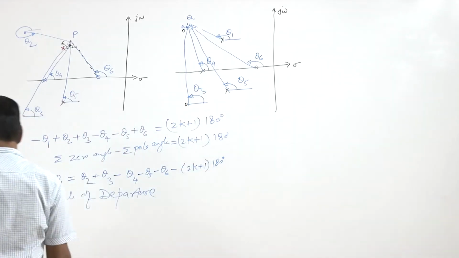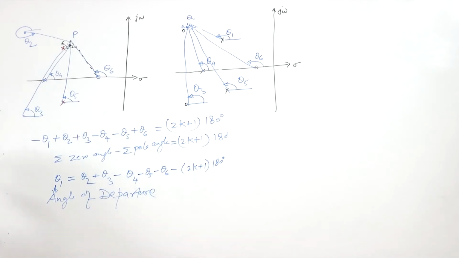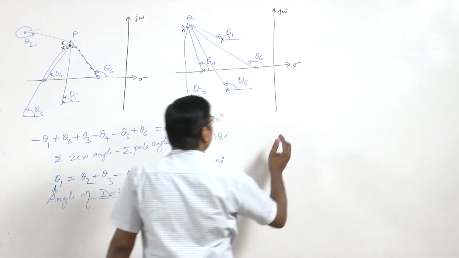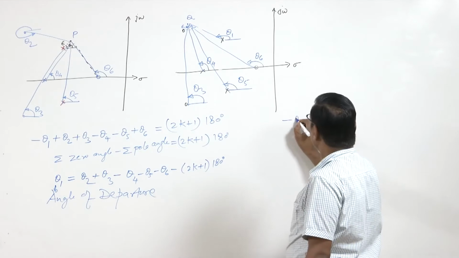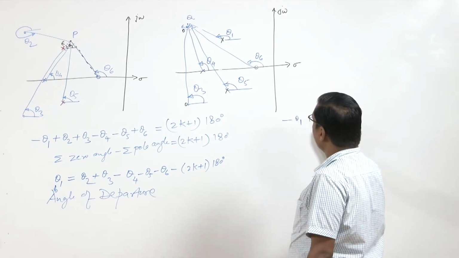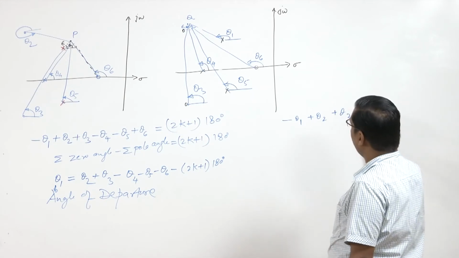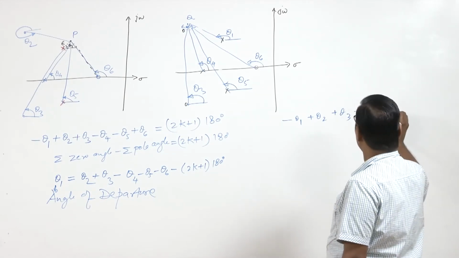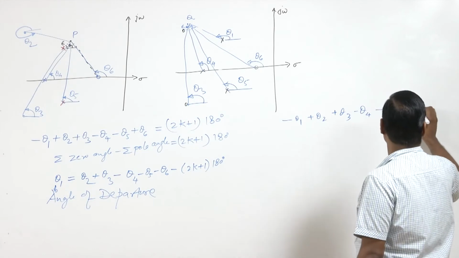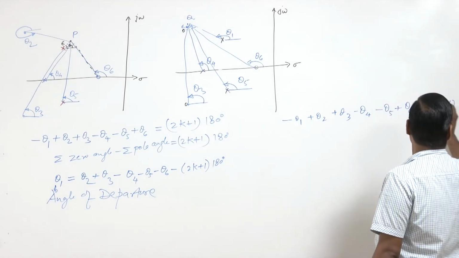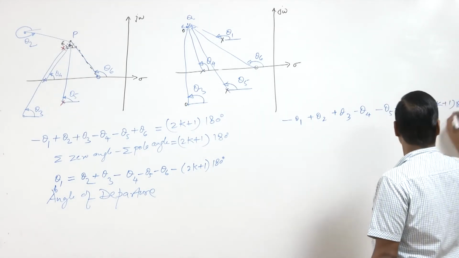Again we can write minus theta 1 plus theta 2 plus theta 3 minus theta 4 minus theta 5 plus theta 6 equals (2k plus 1) times 180 degrees.